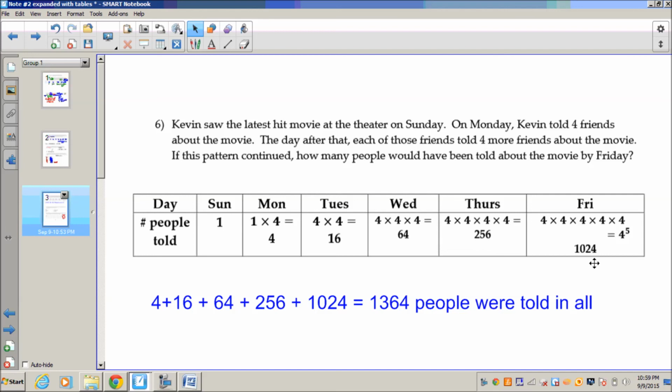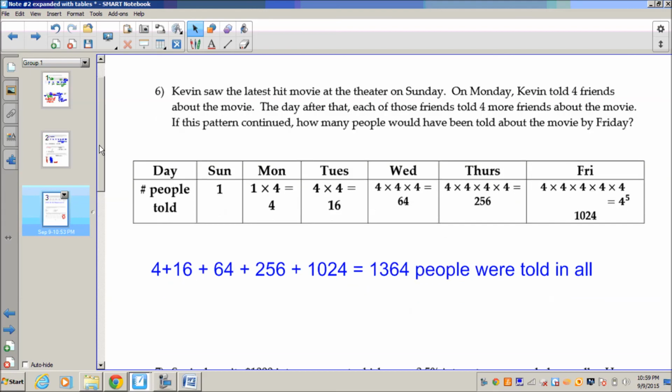However, the question isn't asking that. It says how many people would have been told by Friday, which means you have to add up all the people that were told about the movie. So I added up all the totals for each of the days, and it turns out to be 1,364 people were told in all. So you really have to go back and read the question carefully to make sure that you're answering it.